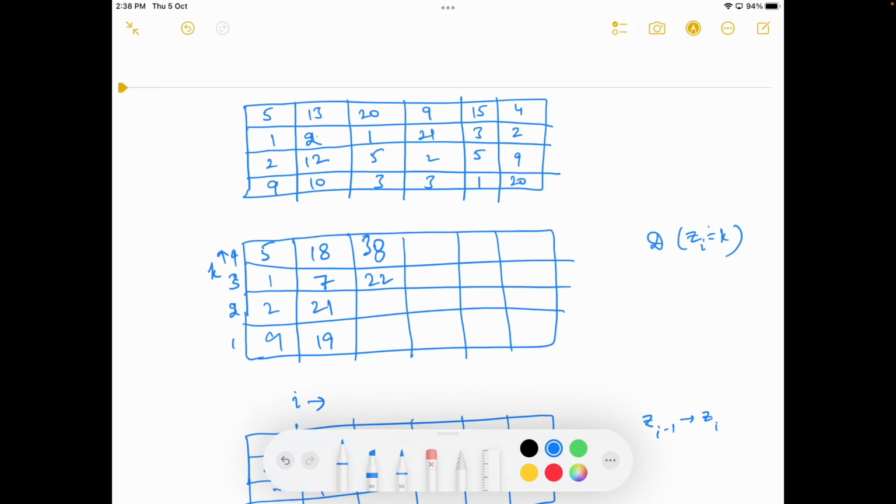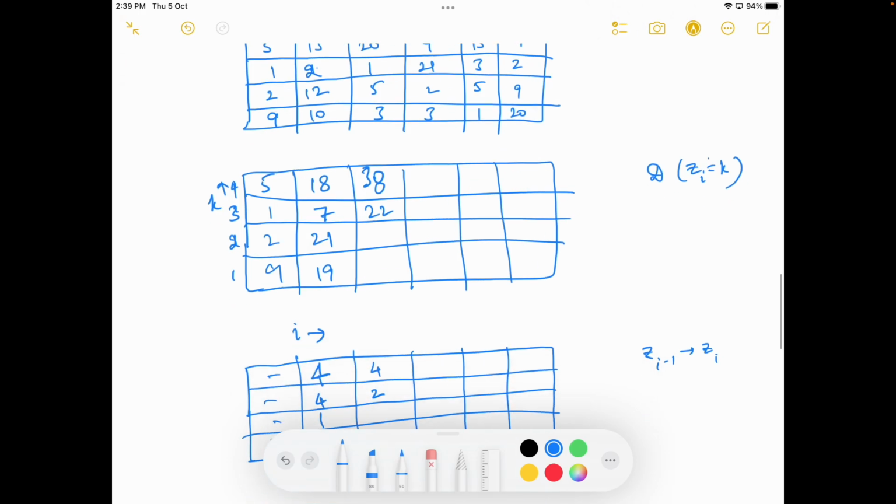And then you have to reach here. What is the best path? 21 only. 21 plus 5 is?